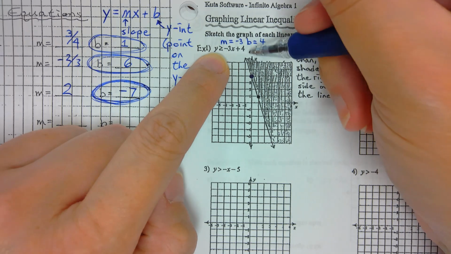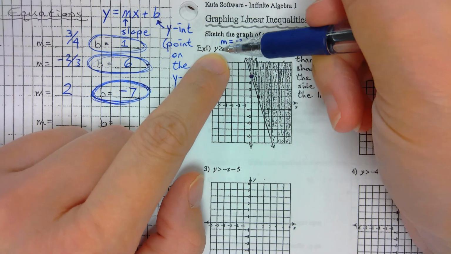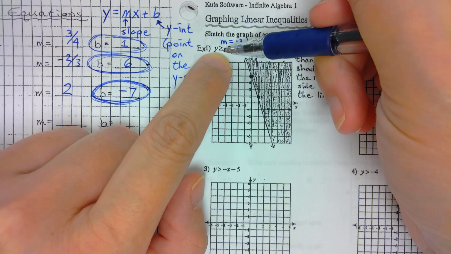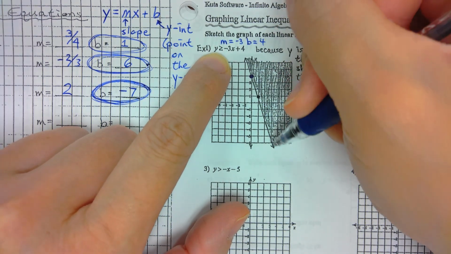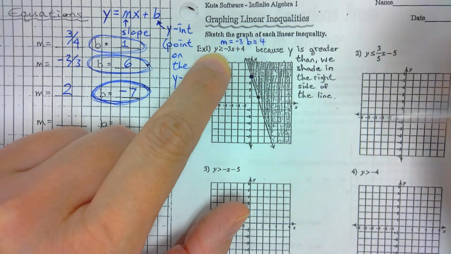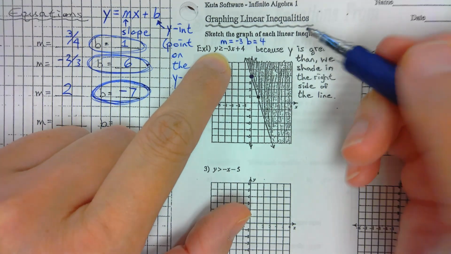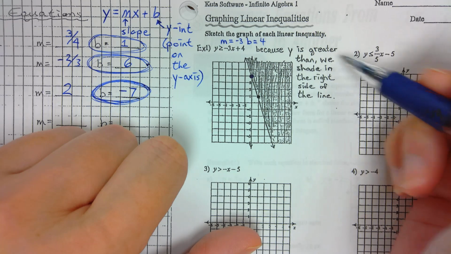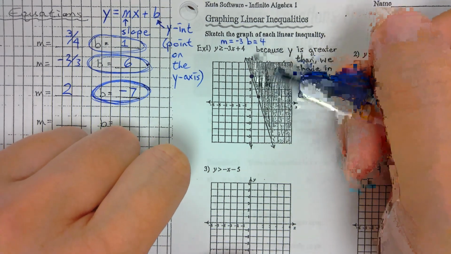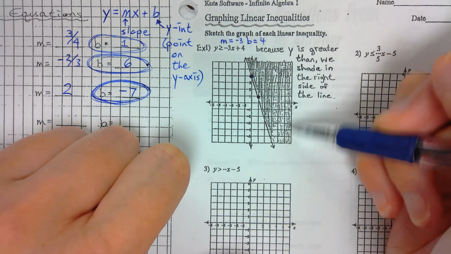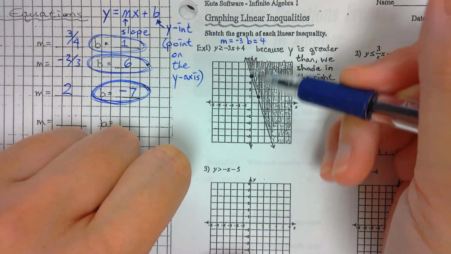Right? This is greater than or equal to. And when it's equal to, we draw a solid line. So a continuous line. Since y is greater than, we shade in the right side of the line. Alright. So above the line. Okay.